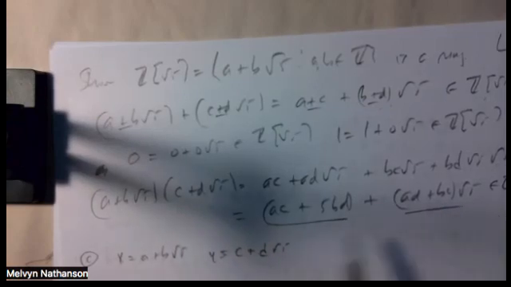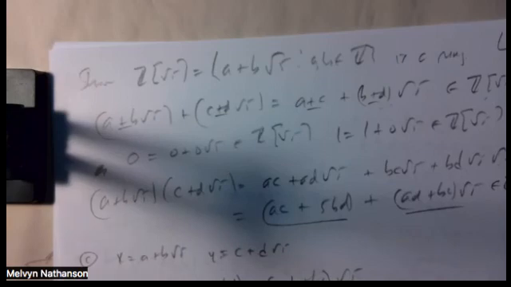And x times y, I just calculated that. AC plus 5BD plus AD plus BC root 5. So the norm of xy is AC plus 5BD squared minus 5 times AD plus BC squared.